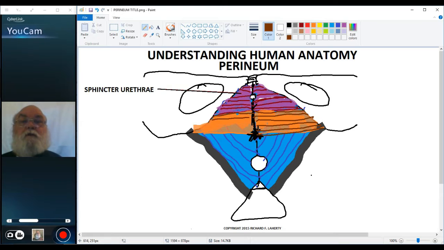And to be perfectly honest, the deep transverse perineus and the sphincter urethrae appear almost as if they are one muscle. There is a slight separation between the two that can be seen if you dissect very carefully. So again, this is the deep transverse perineus.